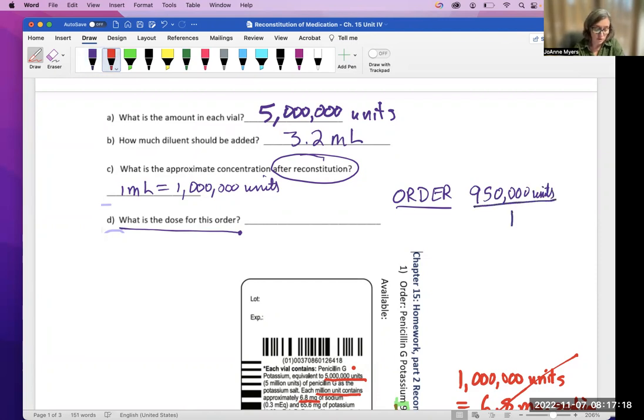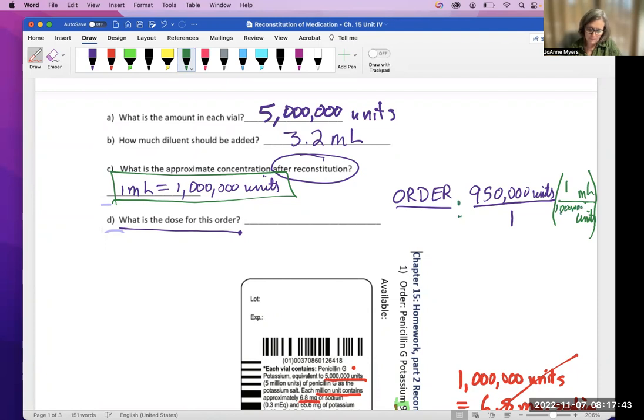To use dimensional analysis, I will use this equivalency statement: 950,000 units times a value of 1. If I put my units in the denominator, that means I will have milliliters in the numerator. So my 1 milliliter will be 1 million units.